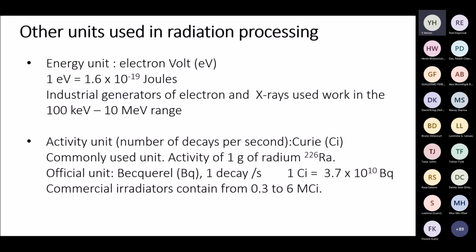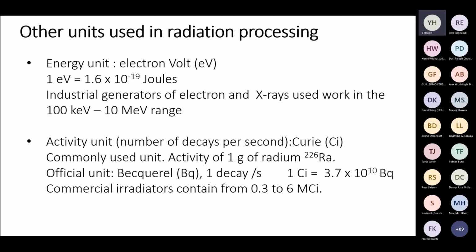And a unit that is specific to cobalt-60, so for gamma radiation, is the activity unit that measures the number of decays per second. The activity unit is the Curie, and historically it was the number of decays in 1 gram of radium-226.